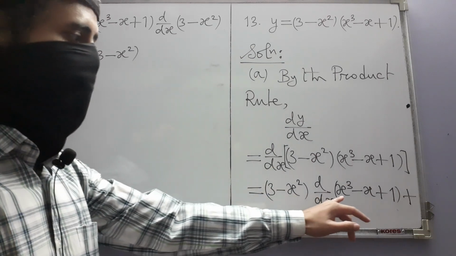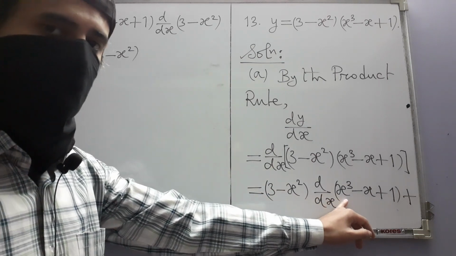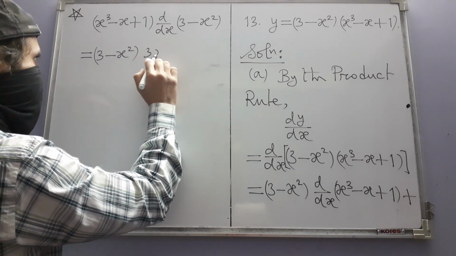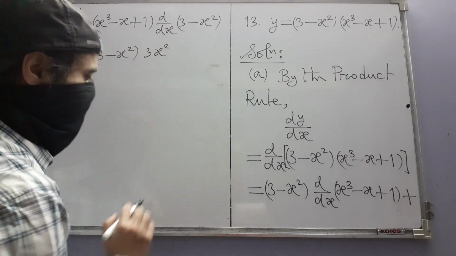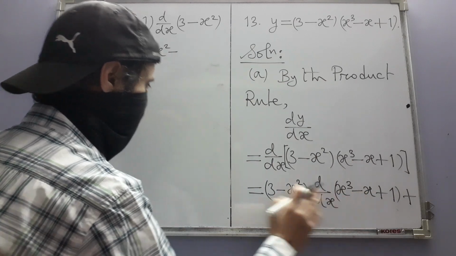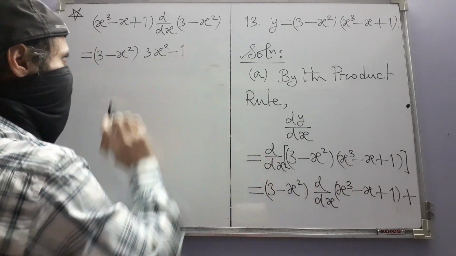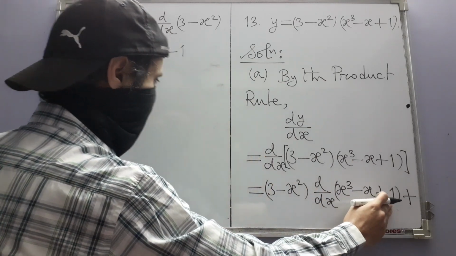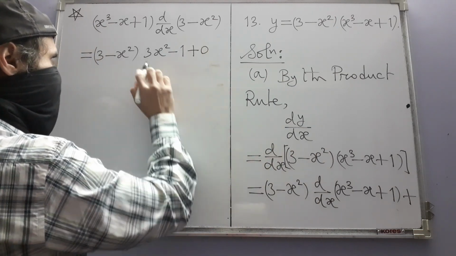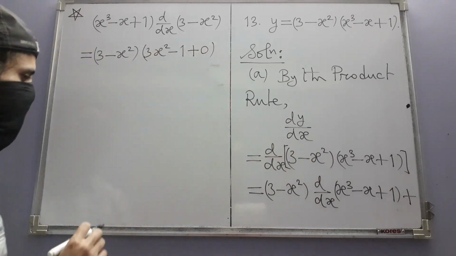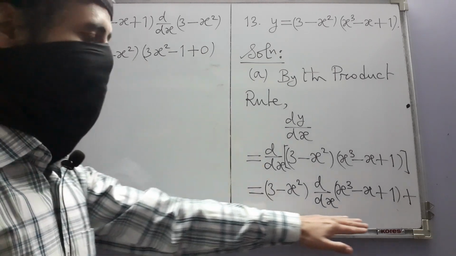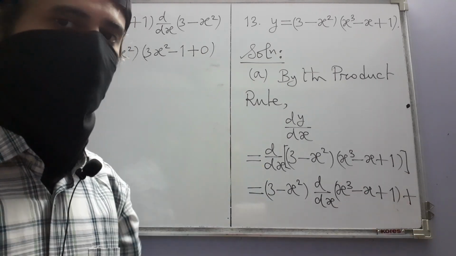The derivative of x cube by the power rule is 3 times x square, minus the derivative of x is 1, and the derivative of 1 is 0. Let's just write that. Okay, there is no point in being just as short as we can. That may create confusion.